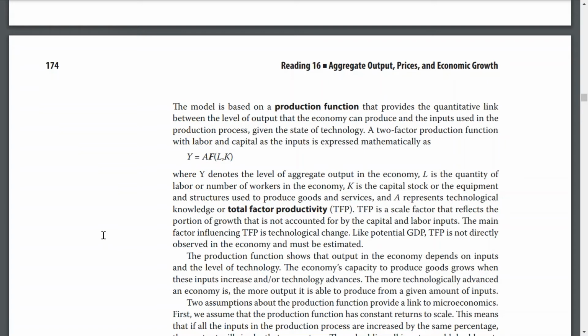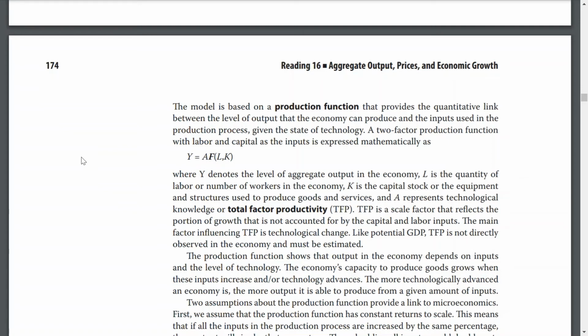Where Y denotes the level of aggregate output in the economy, L the quantity of labor or number of workers in the economy, K the capital stock or the equipment and structures used to produce goods and services, and A represents technological knowledge or total factor productivity, TFP, a scale factor that reflects the portion of growth that is not accounted for by the capital and labor inputs.